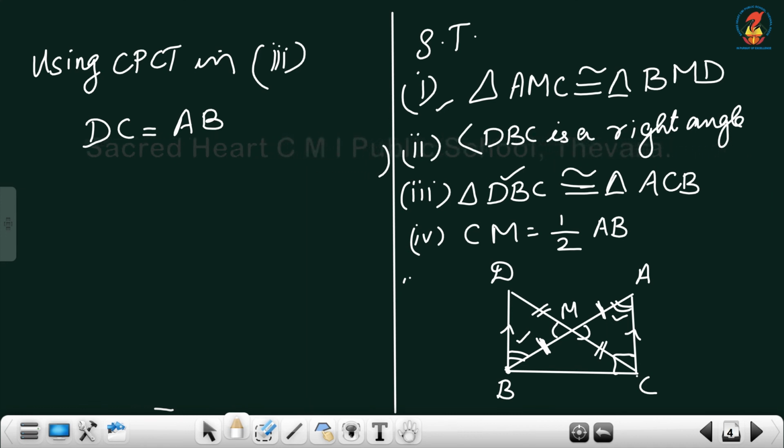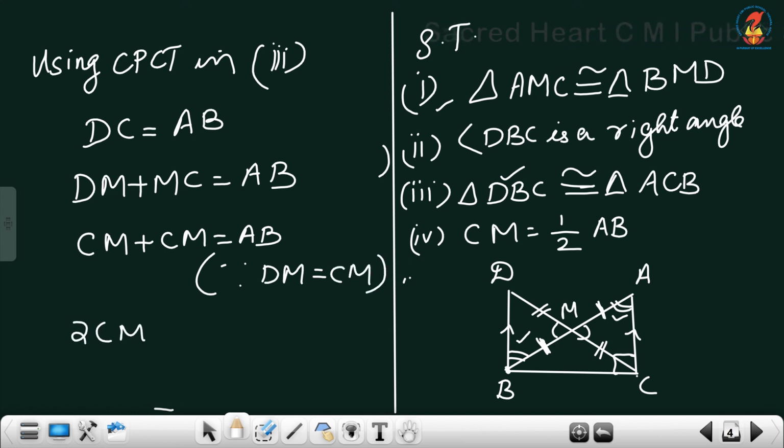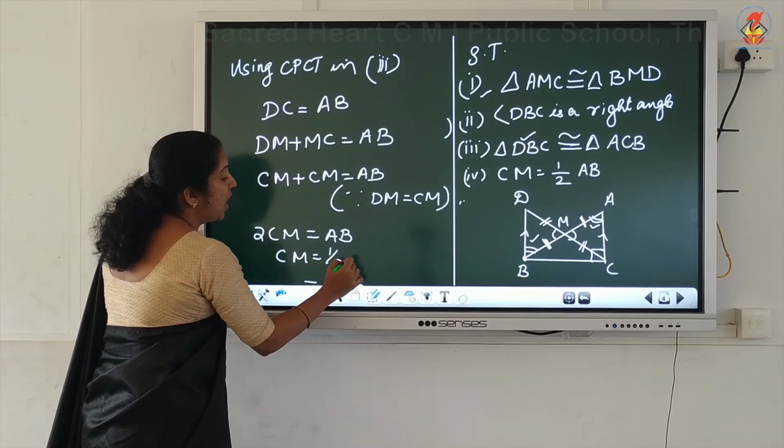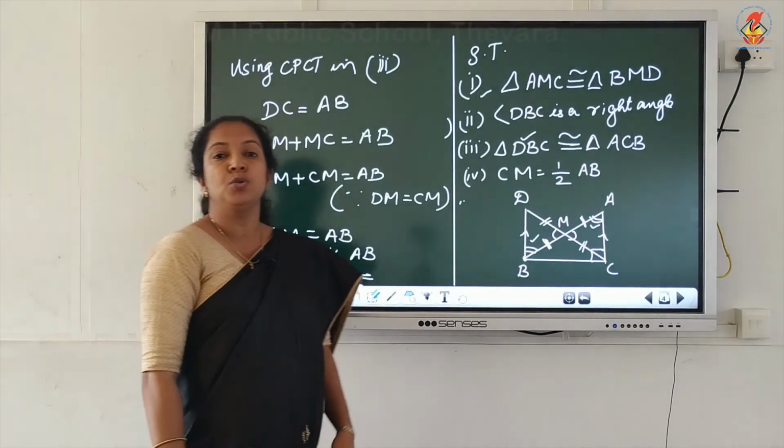And CD you can write as DM plus MC. DM plus MC is equal to AB. But it is given that DM is equal to CM. So, instead of DM what you can write? CM plus CM is equal to AB. Why? It is given that DM is equal to CM. So, 2CM is equal to AB. So, CM is equal to half of AB. This is the final answer.